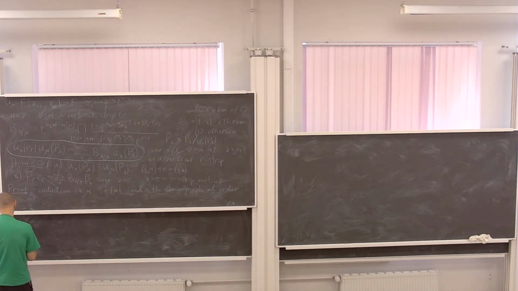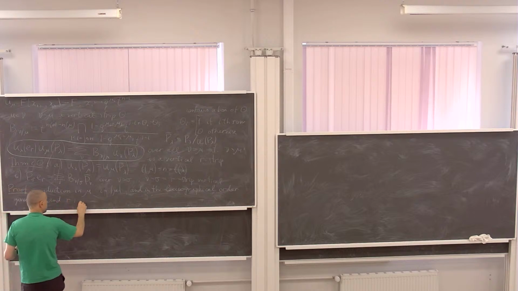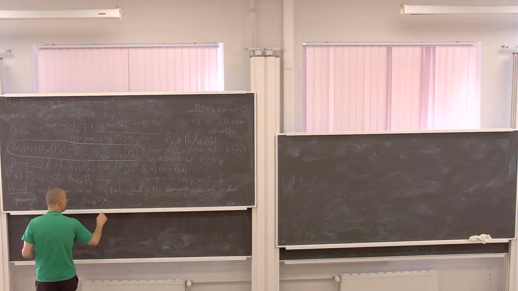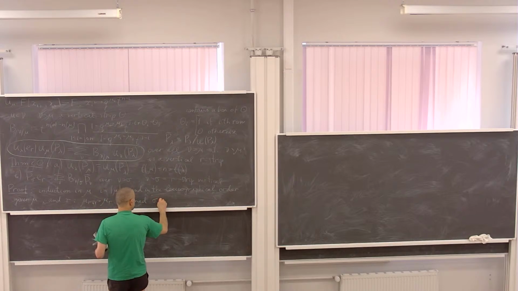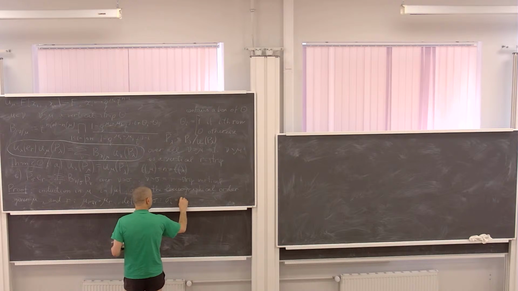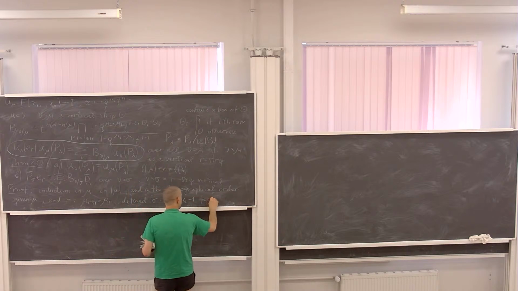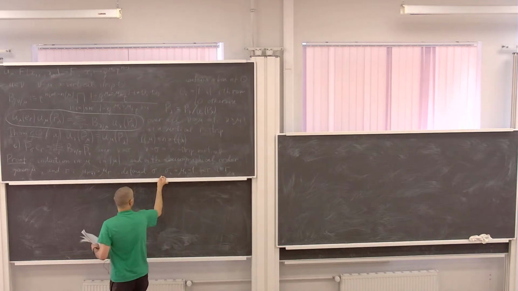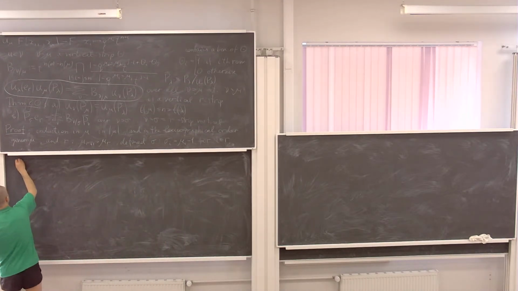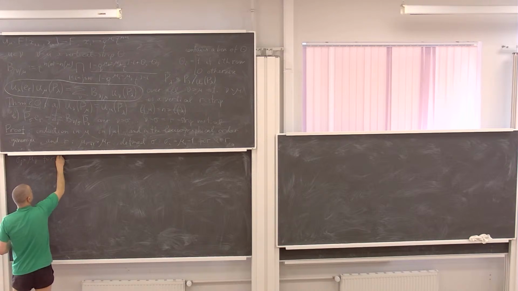Given mu and some positive integer r such that mu r plus 1 was bigger than mu r, we defined sigma such that sigma i was equal to mu i minus 1 for i at most r, and sigma j was equal to mu j for j bigger than r.